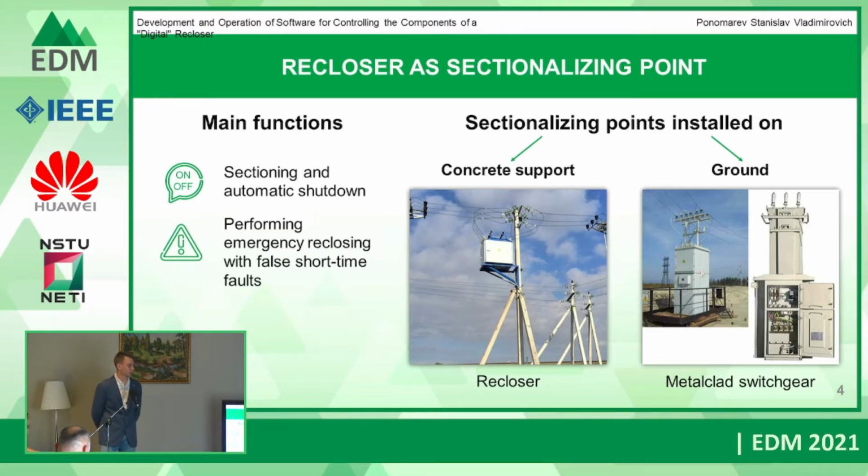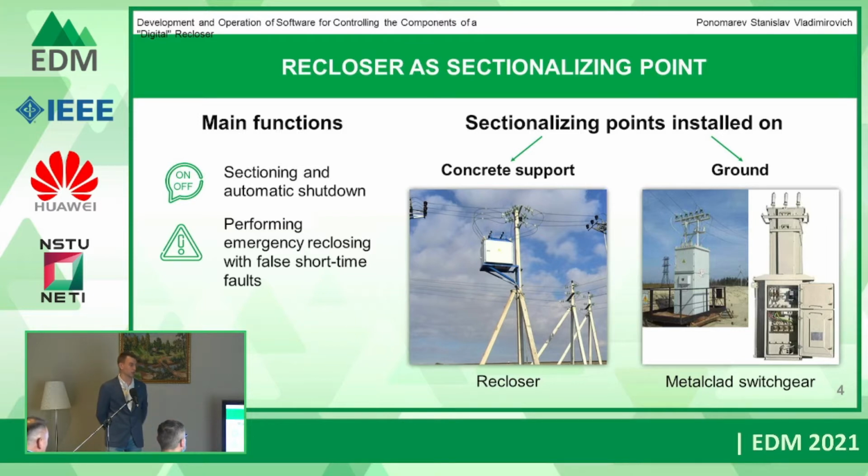So the main functions of the recloser are the sectioning and automatic shutdown of the system and performing emergency reclosing with false short-time faults. There are 2 types of sectionalizing points that could be installed on the ground or in the air on concrete supports. So a recloser is an example of the concrete support type, and the second one is called metal-clad switchgear.